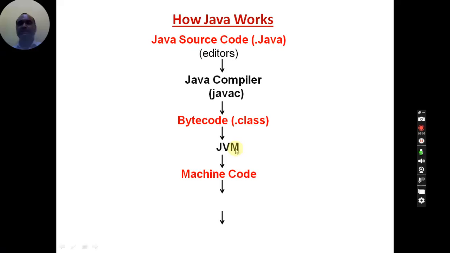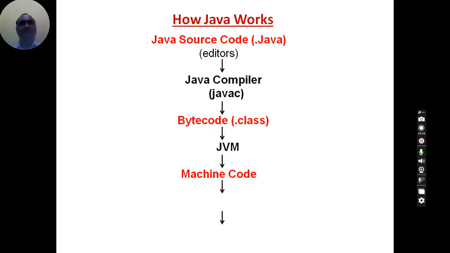This JVM is platform dependent. Which platform: hardware or software? It is operating system, that is software platform dependent. So the JVM is different for different operating systems. If you are working with the Windows operating system, you have a particular JVM for Windows.